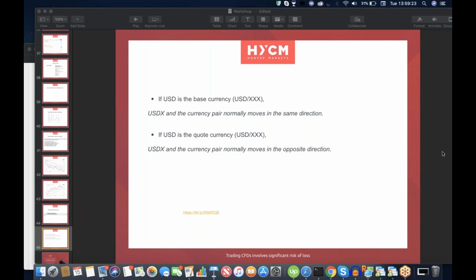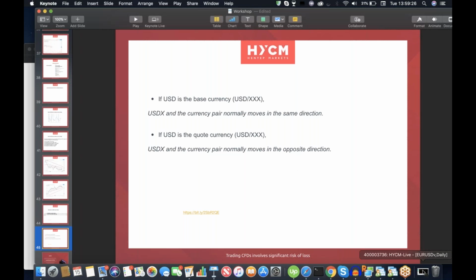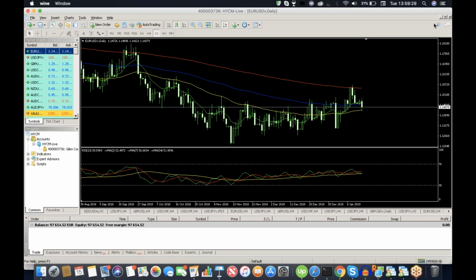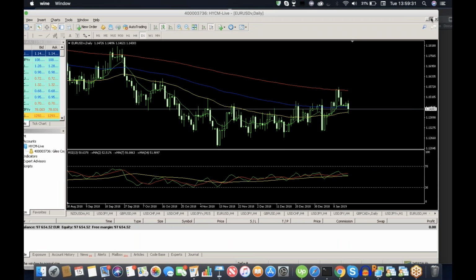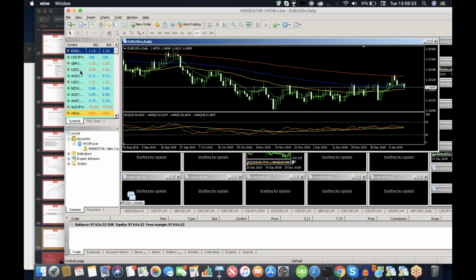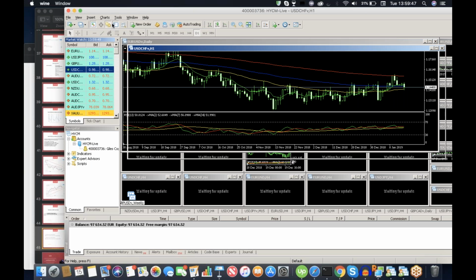So the dollar index is up 0.2%. So we'd expect the US dollar Swiss franc pair to be rising as well. Let's have a look. Yeah, here we go. Here's the pair.